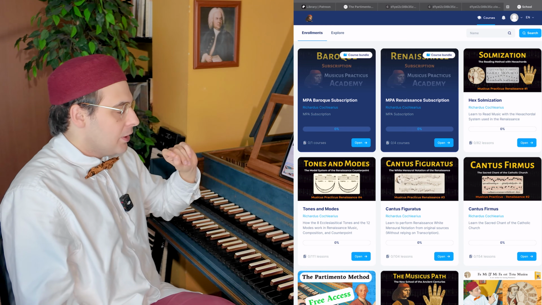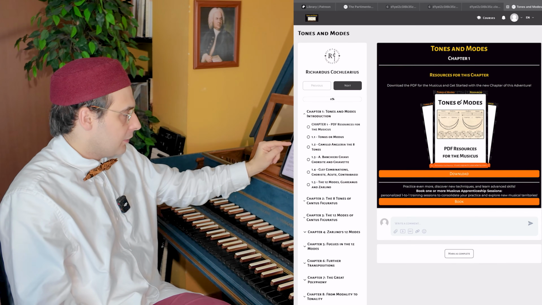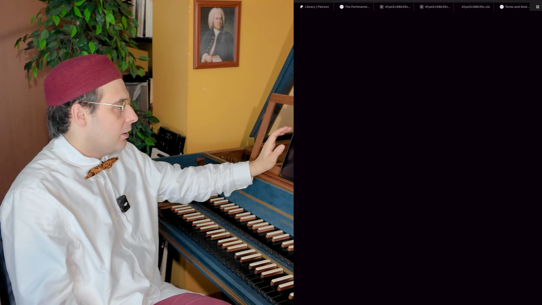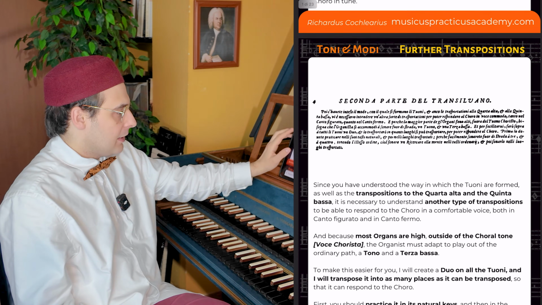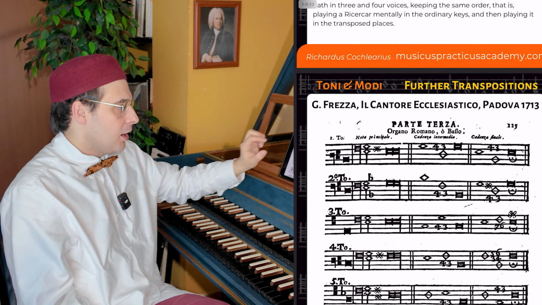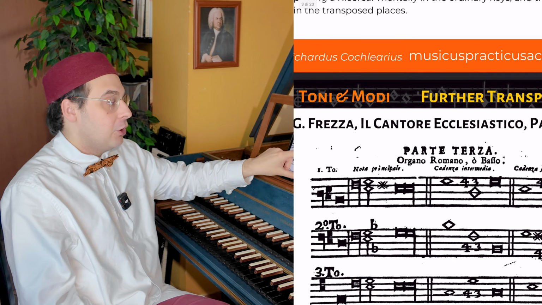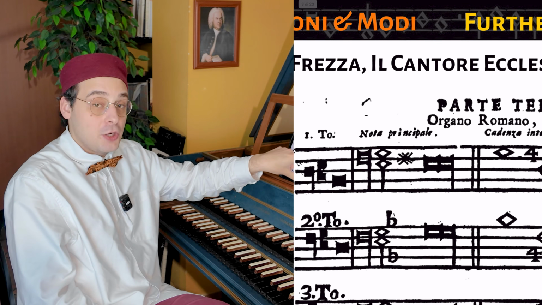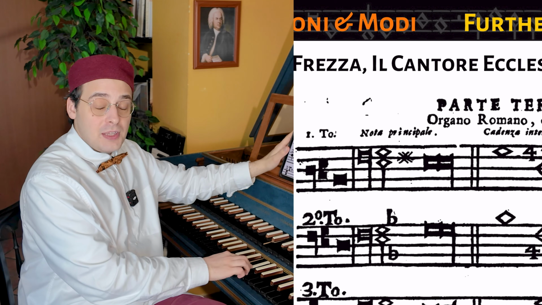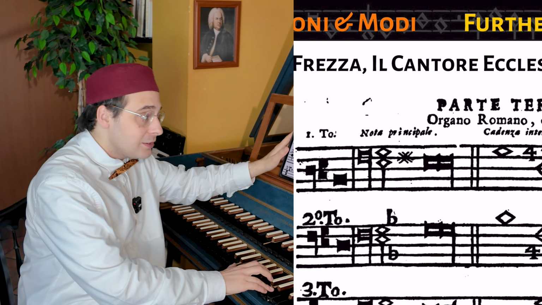Now, what's the point? If we check how they work here, in tones and modes, and we go here, there's a PDF in chapter 6 where I put, besides the Transilvano, Frezza, il cantore ecclesiastico, this excerpt, where you can see that, for example, the primus tonus is transposed with the nota principale, the main note, the finalis, to be on E, La Mi, Re, Mi, Fa, Sol, Re, Mi, Fa, Sol, Re, Mi, Fa, Sol.